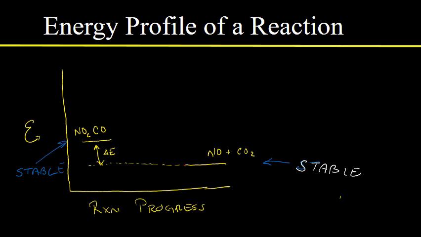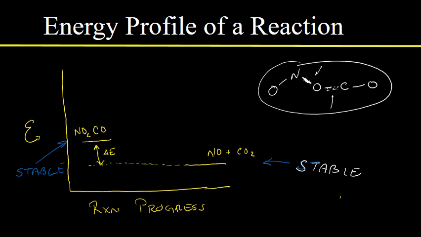But this has to go through an intermediate state in which there's a bond that's being formed here. So this bond is not completely in existence here. And there's also a bond here that's gradually breaking, right? So this bond is sort of a half of a bond. So the NO2 molecule is very unstable because this bond is breaking, and the carbon monoxide is unstable because it's got this new bond forming here.